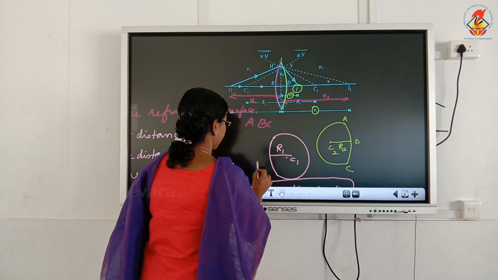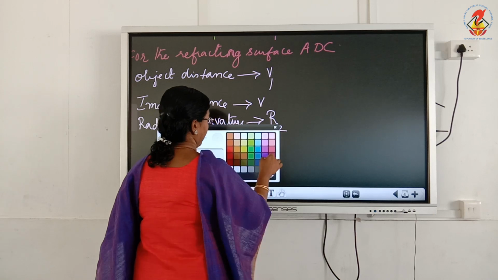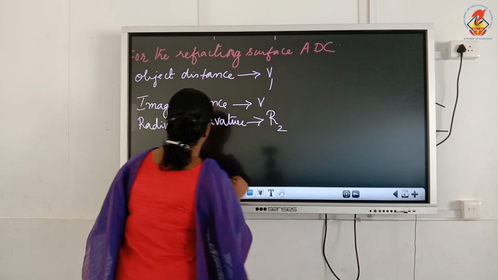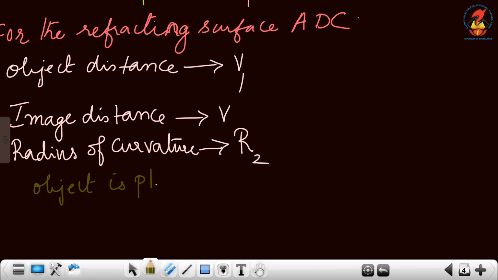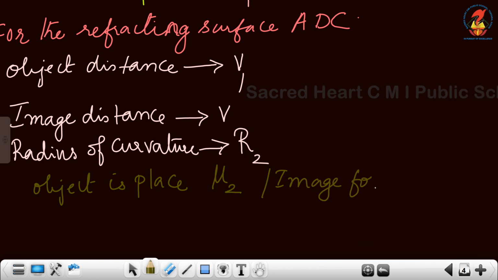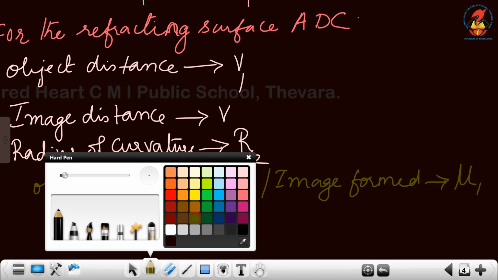Which means in this case, the object is placed, that's just an assumption, okay, in the medium having refractive index mu2, and the image is formed in the medium having refractive index mu1. So when you are substituting, don't get confused.